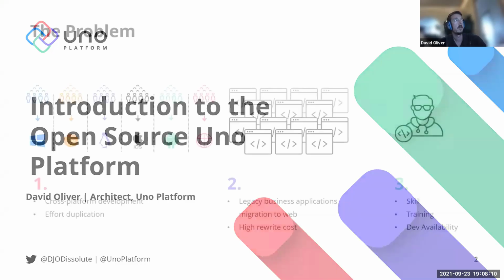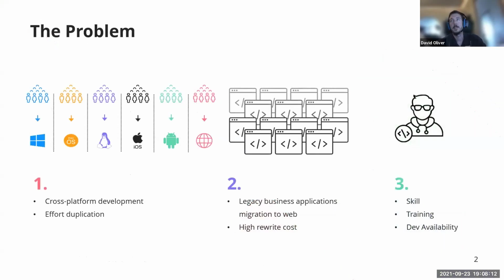So first, let's set out the problem that Uno exists to solve. If you want to build a UI application, you have to decide which platform or platforms you want to target. And these days, there are a lot of different platforms. That's in a nutshell the problem.